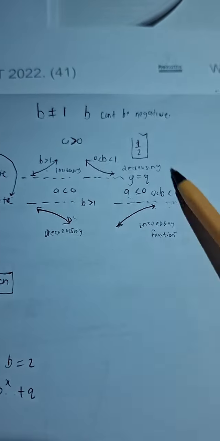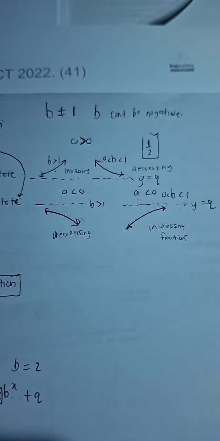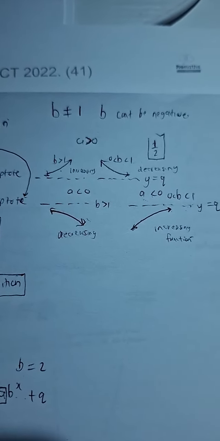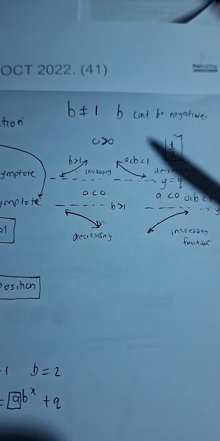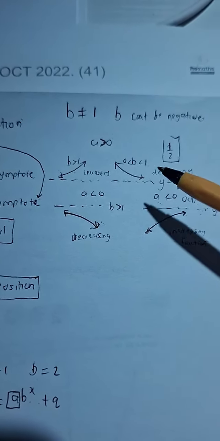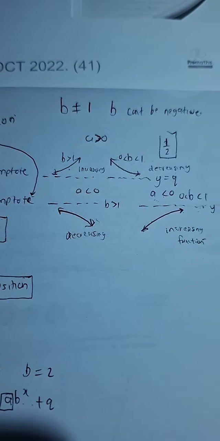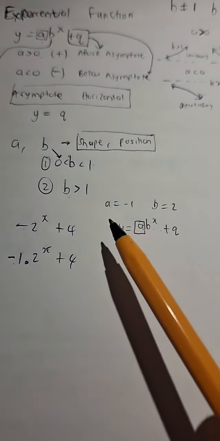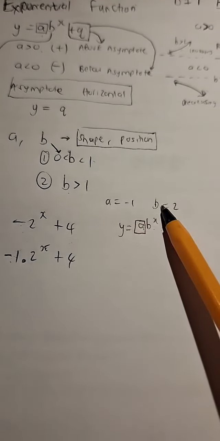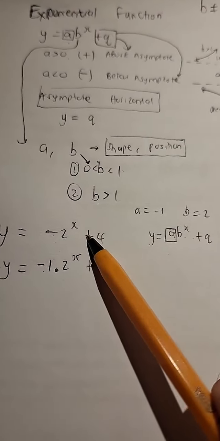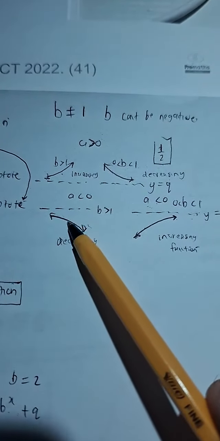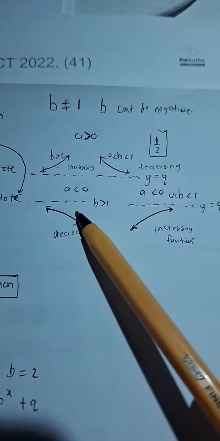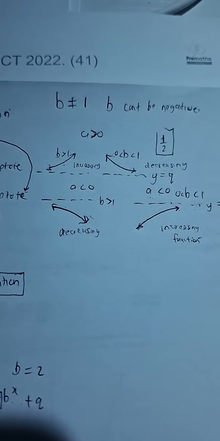When you know this, guys, then you are not surprised when you see your function and when you draw it, because you know what a does to the function, you know what b does to the function. So when you know the combined effect of a and b to your function, then you will be able to see or expect a certain shape of the function and position in relation to the asymptote.